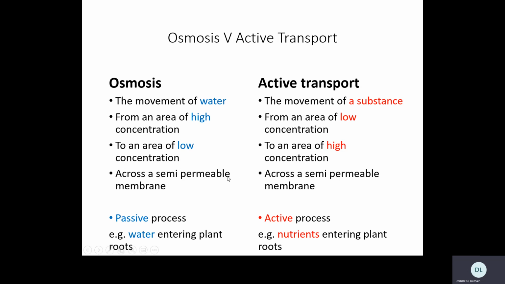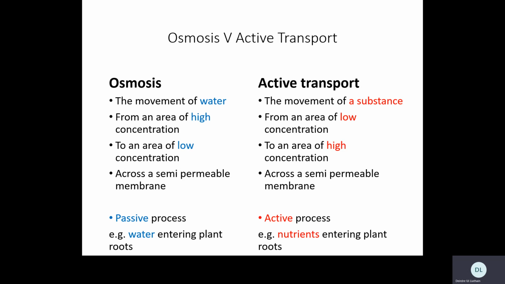Just one little thing that both of those definitions have in common. Again, it's across a semi-permeable membrane, meaning these nutrients are passing through the cell membrane. So they're going from cell to cell. So again, that's osmosis versus active transport, two important definitions in this chapter. And when you think osmosis, you should think, oh, that's the water and it's going downhill.